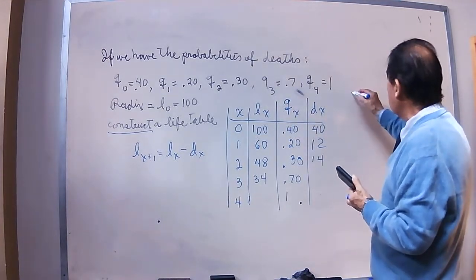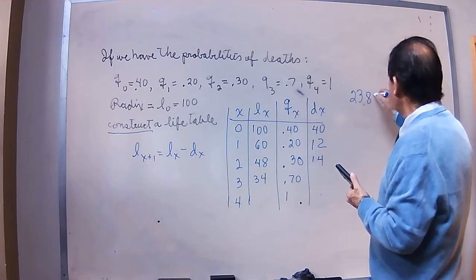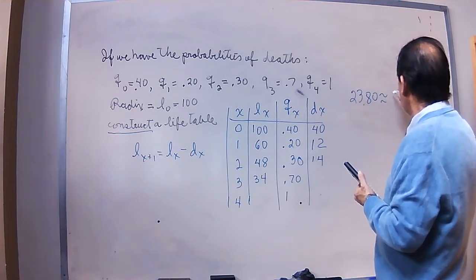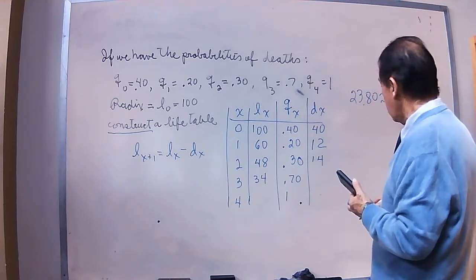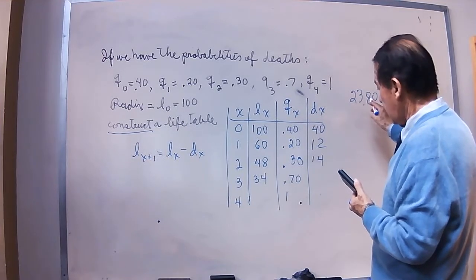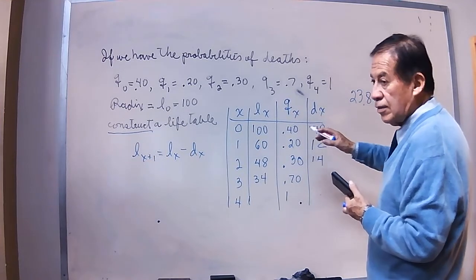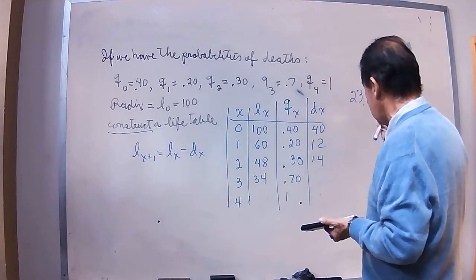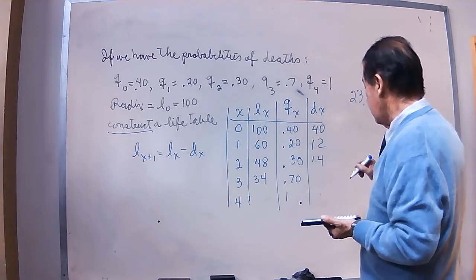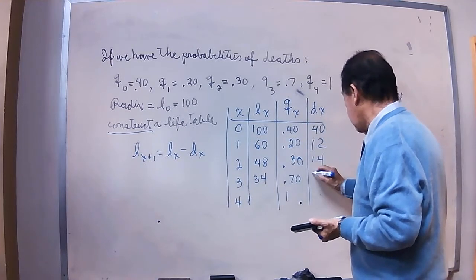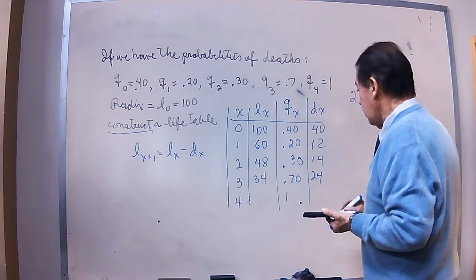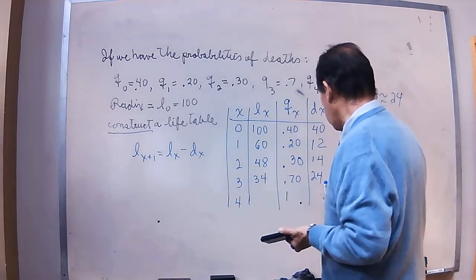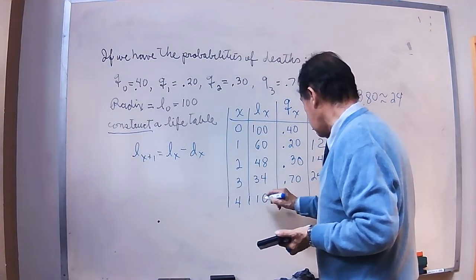But 23.8 we have to round to 24 because we do not have half persons or a quarter of persons. We have only integers. So therefore, we will have 24 persons. And 34 less 24 will be 10 persons.